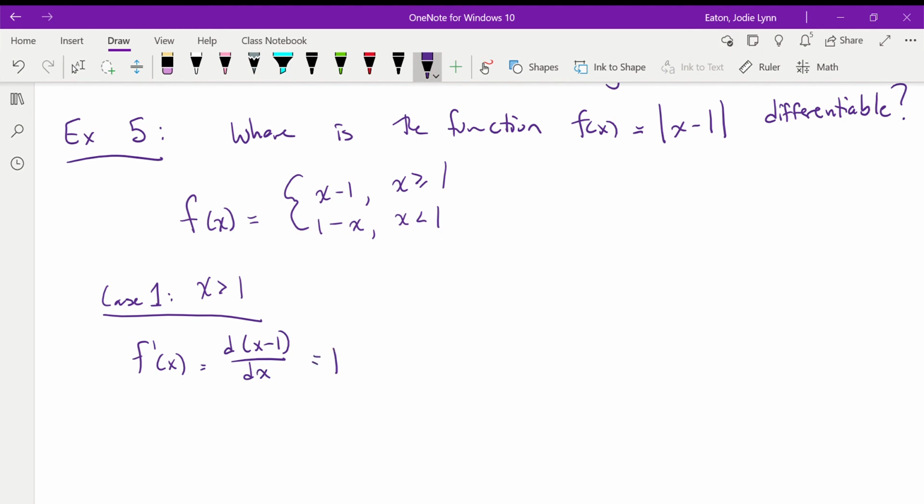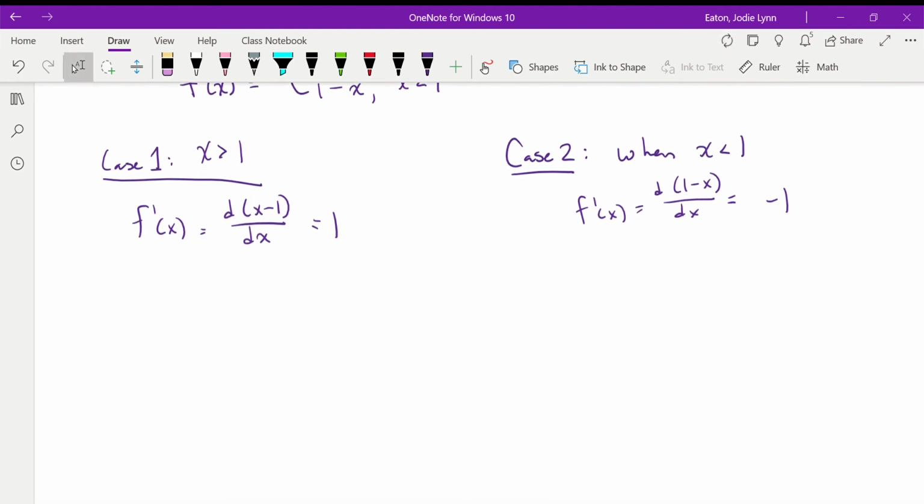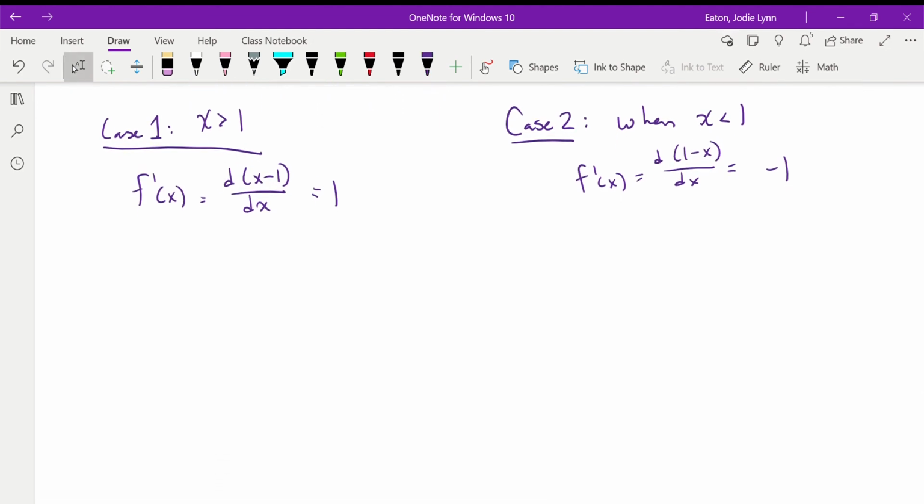The derivative of a line is always just going to be the slope of the line, because the tangent line is the same at every point, and it is the line itself. Case 2, when x is less than 1, f prime of x is the derivative of 1 minus x, and the slope of this line is negative 1. Again, the derivative of a line is the slope of that line, because the slope is a constant.